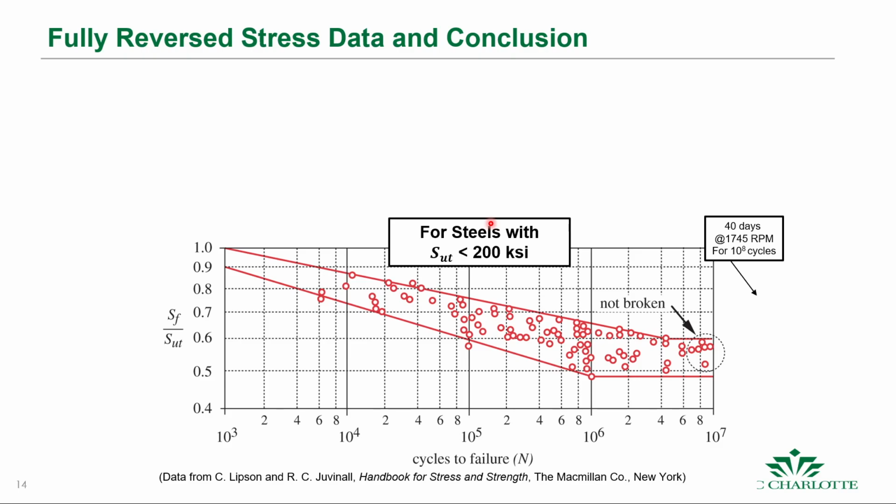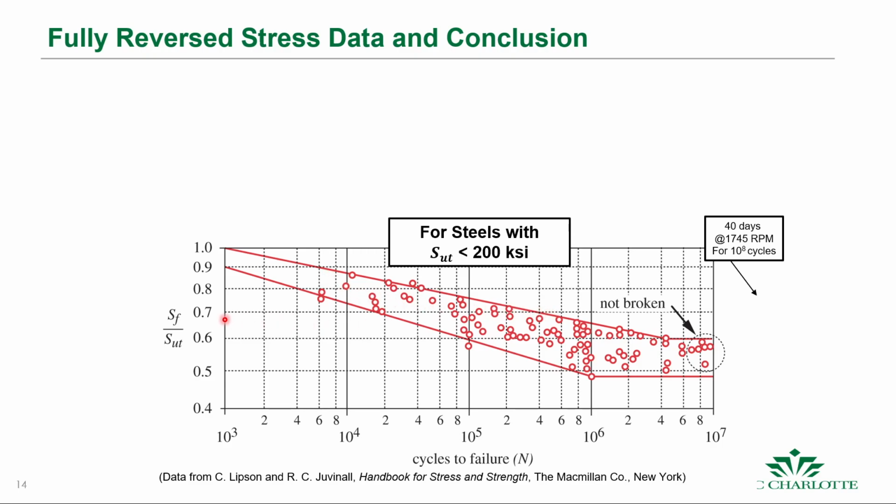So this is from low cycle fatigue, 10 to the 3 cycles, up to high cycle fatigue up here, which maybe we'll separate as 10 to the 4. And these are for steels with the ultimate tensile strength of less than 200 KSI. And as you can see, there's this band here of failure that occurs.